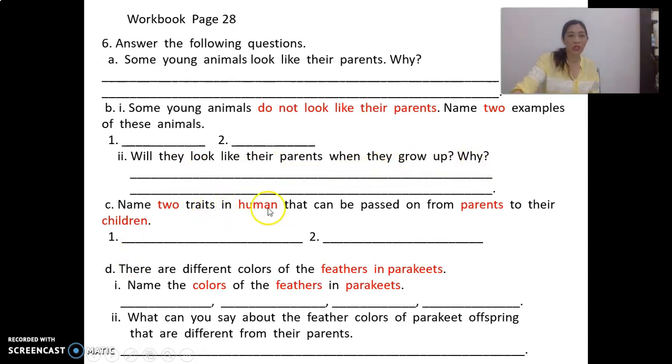Name two traits in humans that can be passed on from parents to their children. There are different colors of feathers in parakeets. Name the colors of the feathers of parakeets. There are four colors. Write the colors. What can you say about the feather colors of parakeet offspring that are different from their parents?